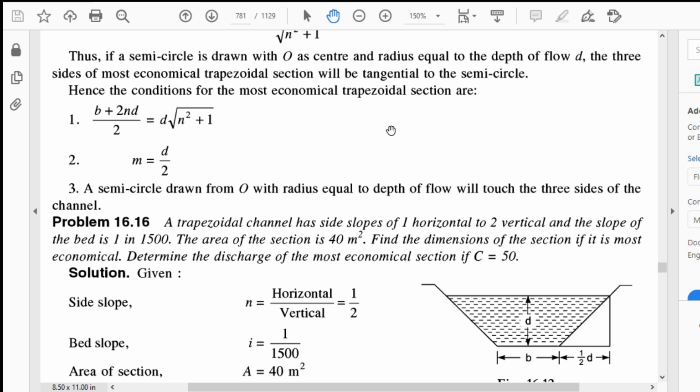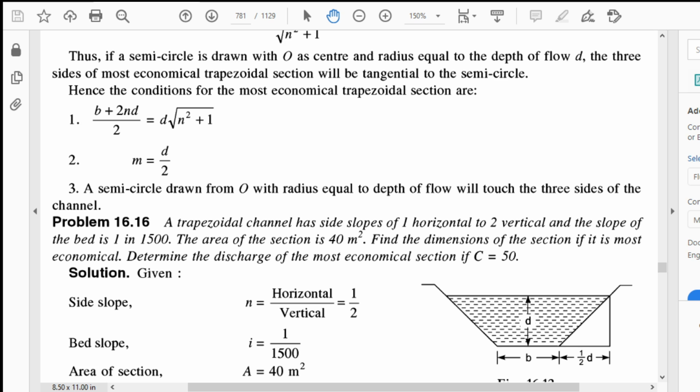And third, a semicircle drawn from the center O of top width with radius equal to the depth of flow will touch the three sides of the channel.